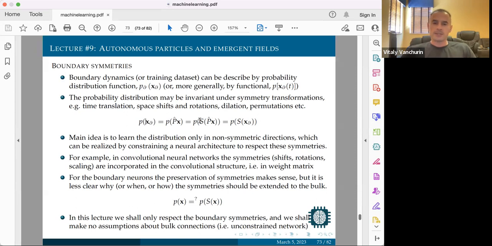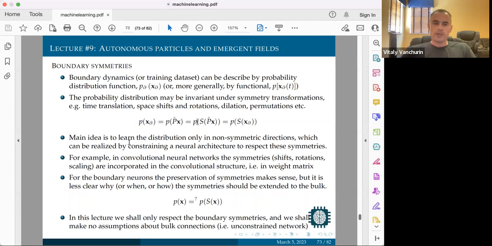In this case, S describes a transformation, and it's only a transformation of the boundary neurons, the neurons that describe your training data set, whether they are input or output neurons, it doesn't matter. It can be a linear transformation, then I would put a hat on S, it would be a matrix, or non-linear. Whatever that is, uncovering and learning what this transformation is is essential.